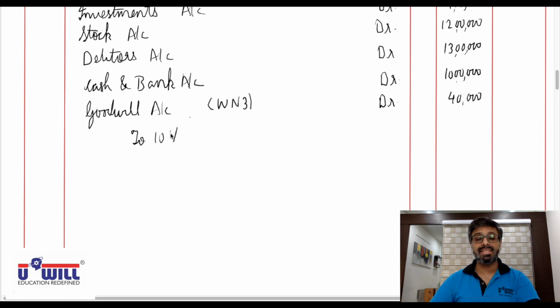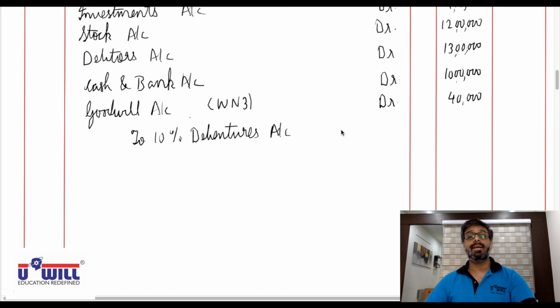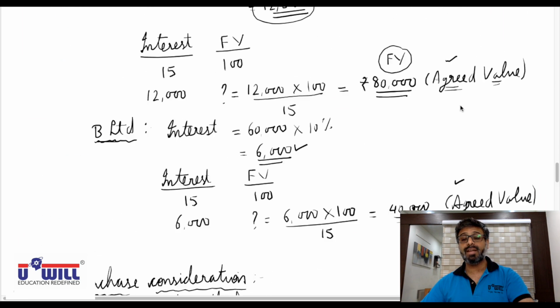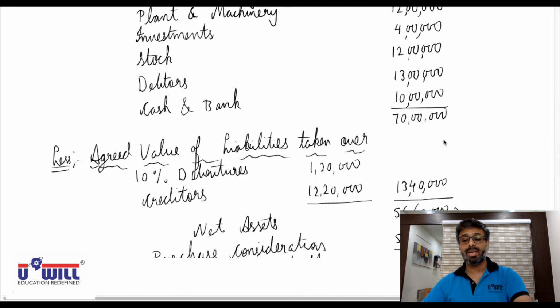So to 10% debentures account, but be careful that debentures we have to record at agreed value. Now we are doing purchase method of accounting, and in purchase method of accounting, wherever agreed values are available, we have to record agreed values. So agreed value of debentures, as we have done, 180 plus 40, 1,20,000.